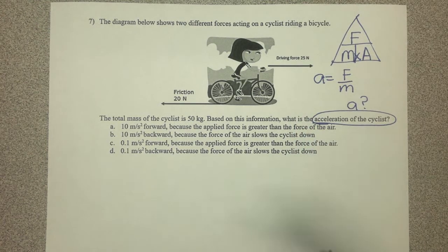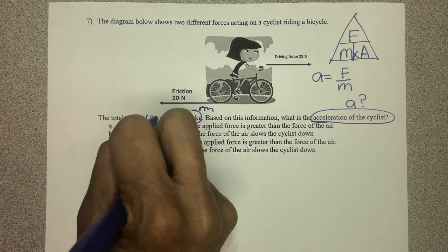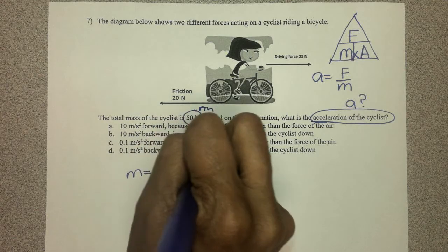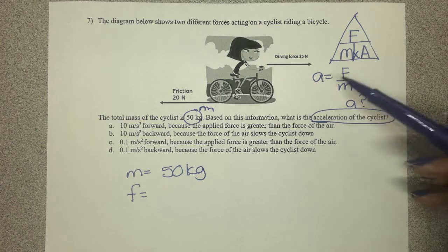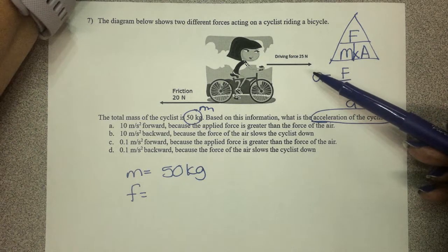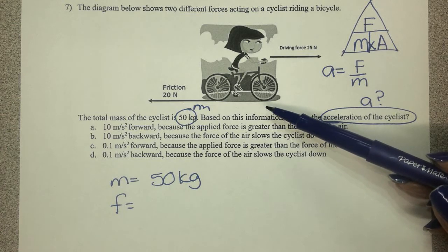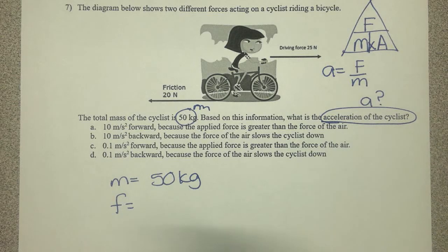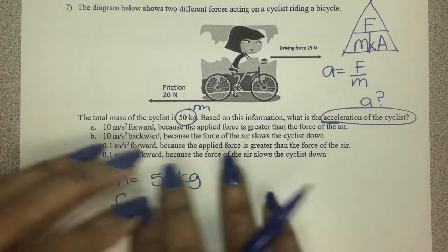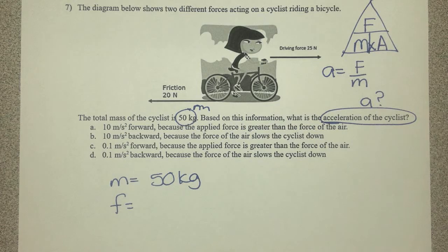Okay? Now in this question they give you the mass is 50. So your mass is 50 kilograms. Well, what's your force? Well, they said that the driving force is 25 and the frictional force is 20. So how do you get the force? Well, this is where you're going to combine what we just looked at in terms of you have to find the net force first. Then you can use that force to calculate the acceleration.